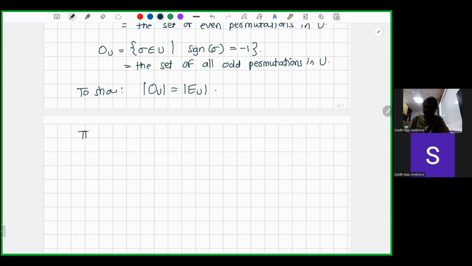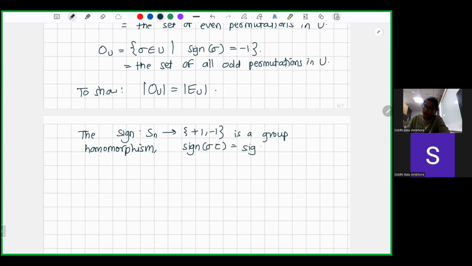Note that the sign function from Sn to {+1, -1} is a group homomorphism. That is, it satisfies sign of sigma tau equals sign of sigma times sign of tau. This is what we know. It is a group homomorphism, and this group is just the subgroup of R under multiplication, the multiplication group.